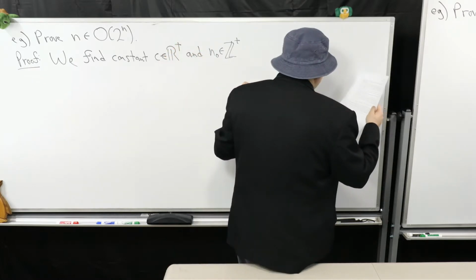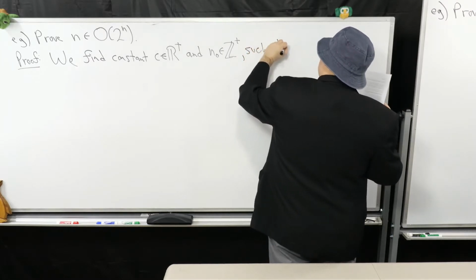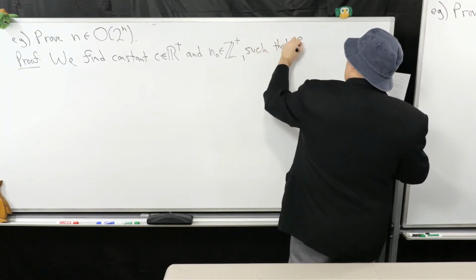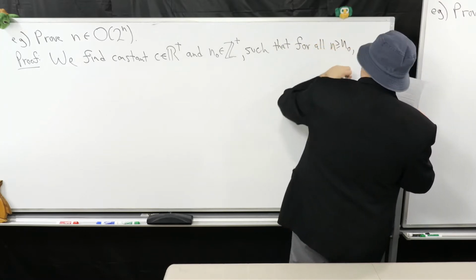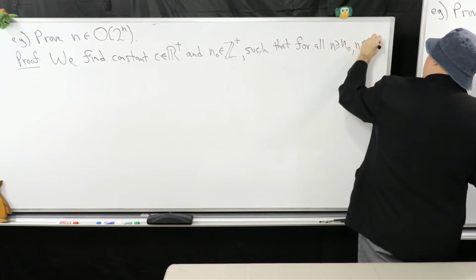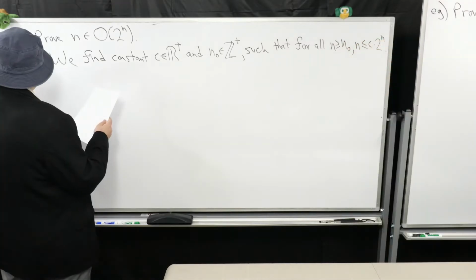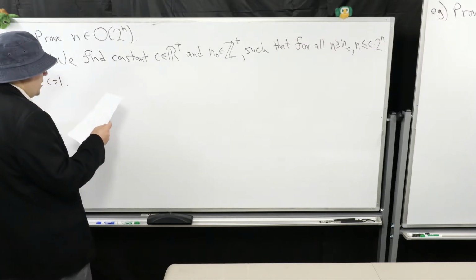It's a positive integer. Such that for all n greater or equal to n0, we know that we want to find it such that n is less than or equal to c times 2 to the power of n. So I'm going to pick c is equal to 1, and you'll see why.